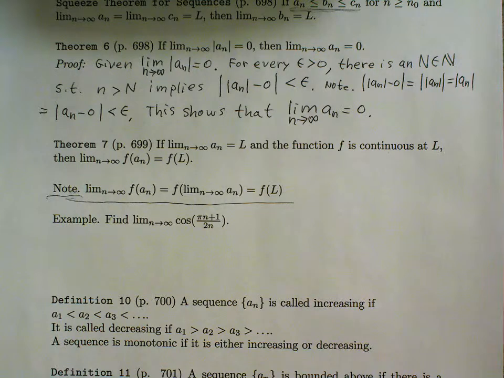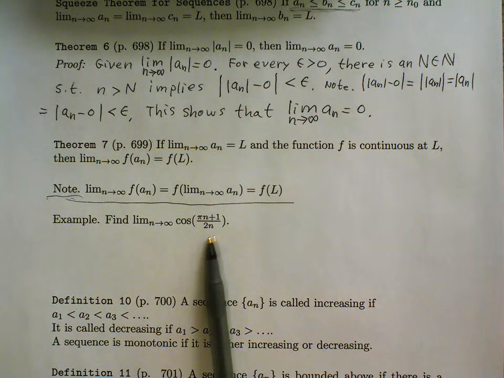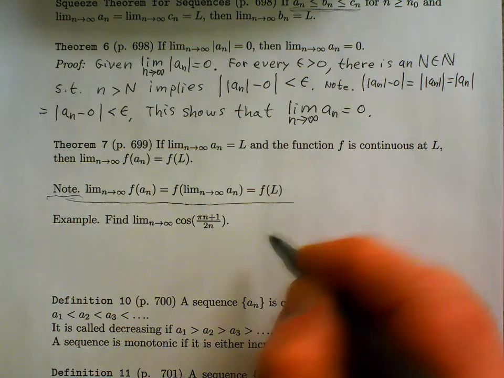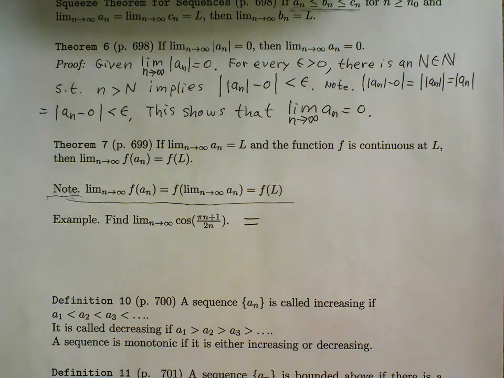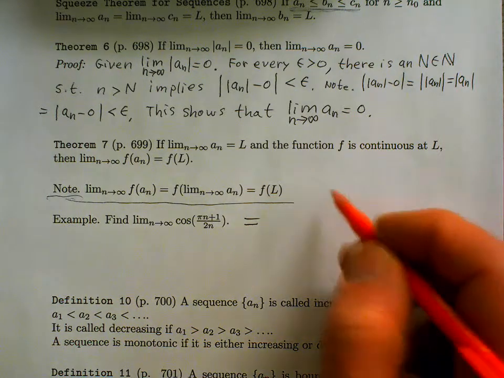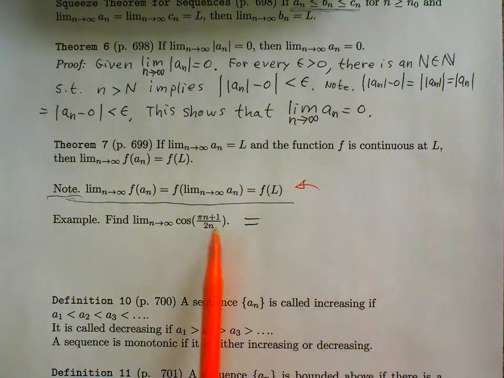Okay, what do we do to start with? The limit of cosine of pi n plus 1 over 2n as n approaches infinity. What should I do first? With regard to the cosine of the limit as n approaches infinity of pi n plus 1 over 2n. Yeah, we'll do what the note above says to do.